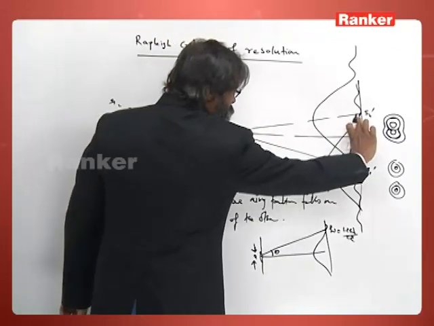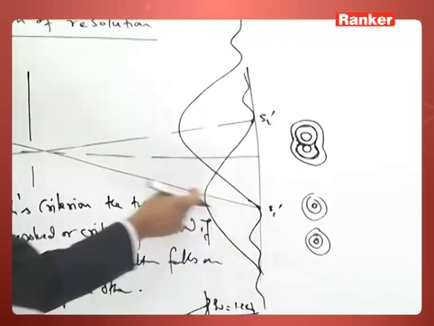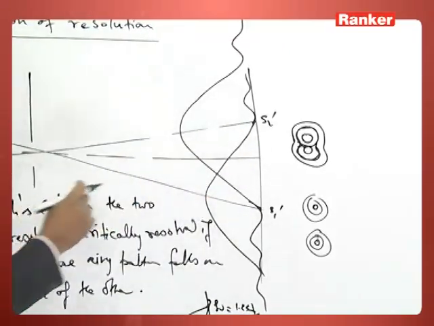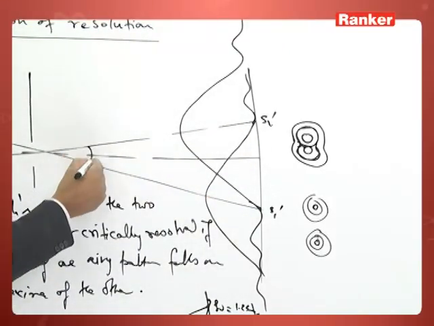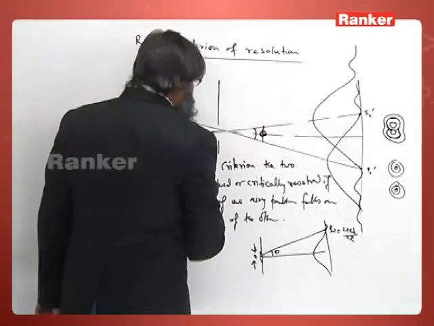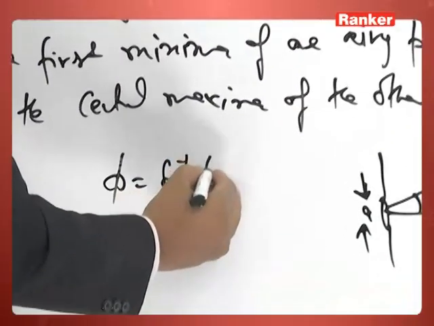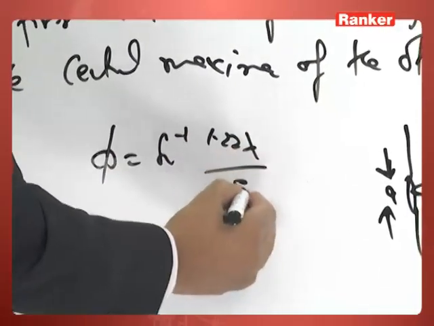You see this is the central maxima and this is minima. For this also there is central maxima, this is minima. So this whole angle theta or phi, let us call it, this phi is equal to sin inverse 1.22 lambda by A.